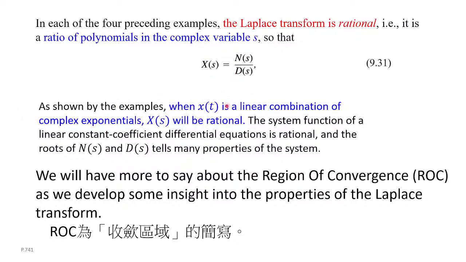Although they are very special, we also see that a lot of things give you rational functions. For example, as we've seen from the examples, if x of t is a linear combination of real or complex exponentials, then your X of s will be rational. If it's a complex exponential, you might get some complex coefficients here, but that's okay.